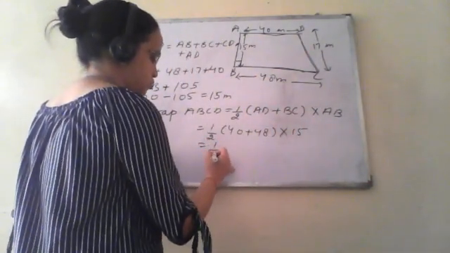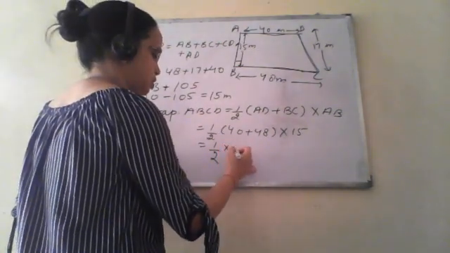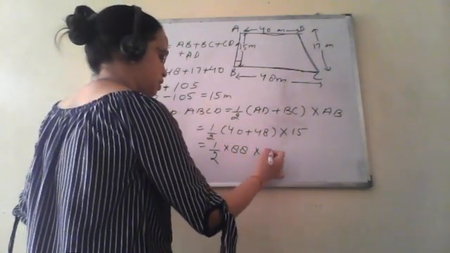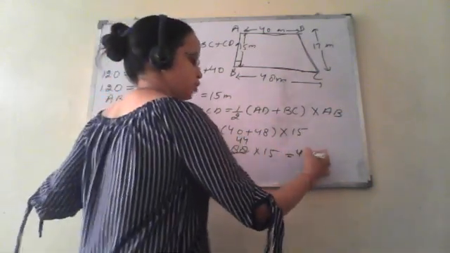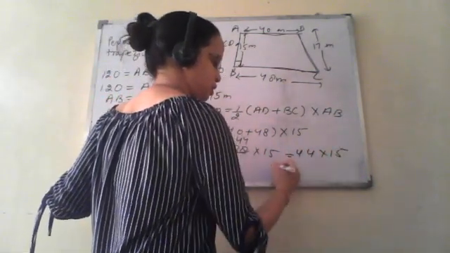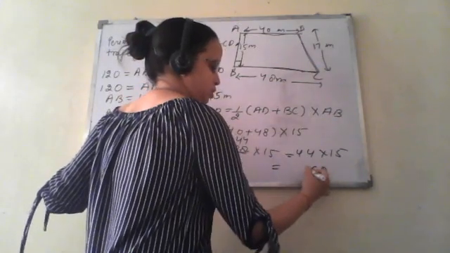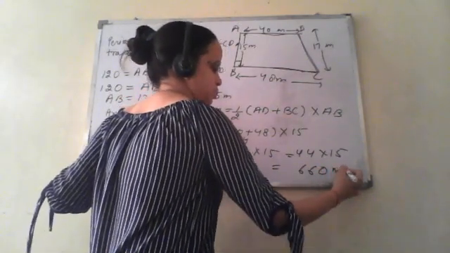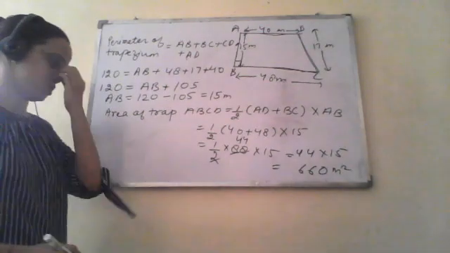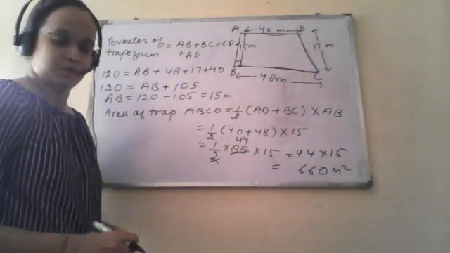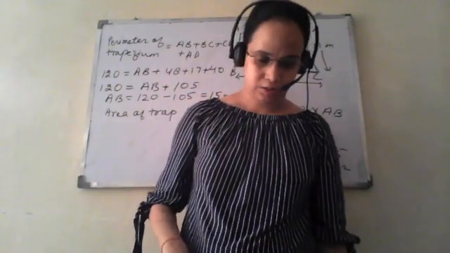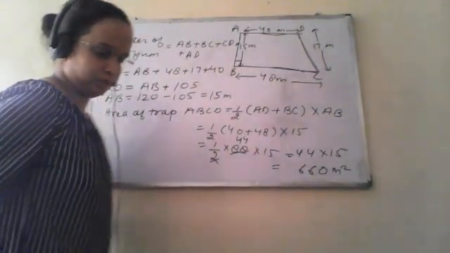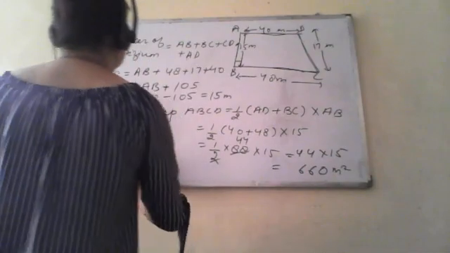This is 1 by 2 into 88, so this is 44 into 15, which is 660 meters square. So this is the area of the trapezium. Now next question.